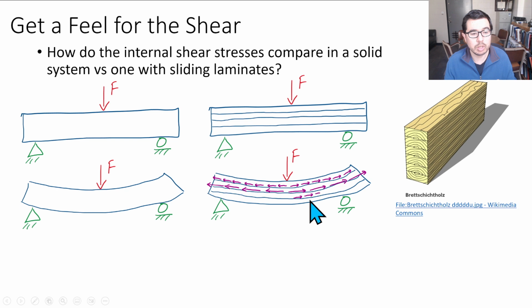So the transverse shear stress is typically the largest at the neutral axis, and it decreases as you go to either the top or the bottom of the beam.